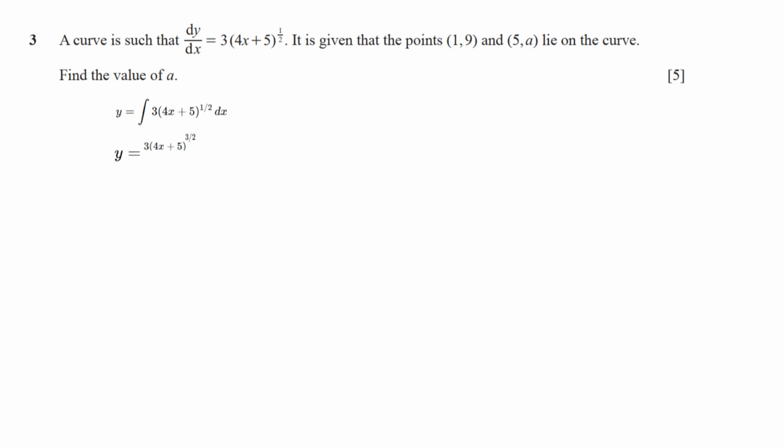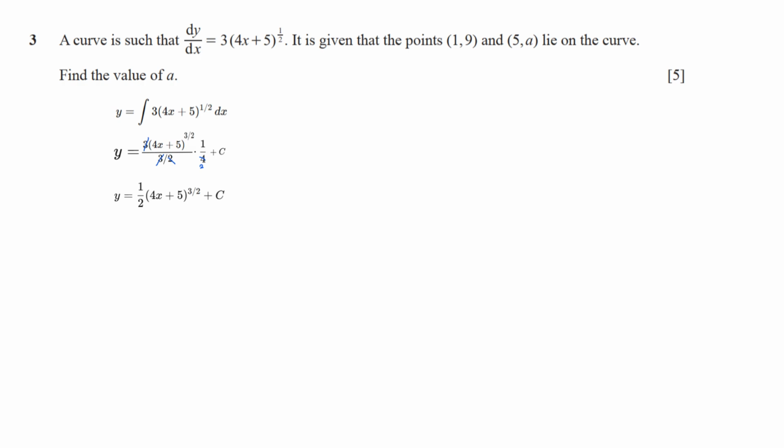The whole thing divided by the power 3 over 2 times 1 over the coefficient of x inside the bracket, which is 4, plus c. So the equation of the curve is y is equal to 1 over 2 times 4x plus 5 the whole power 3 over 2 plus c.